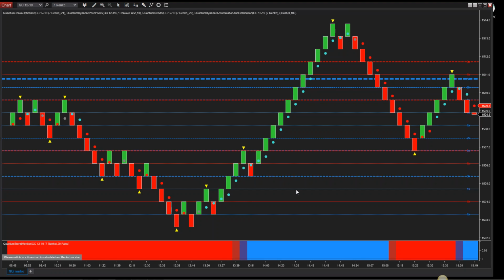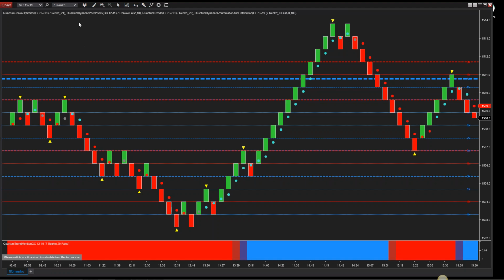The chart, the bricks will build according to the setting that you either prescribe or the one that's automated for you. With this, the Renko optimizer, what it does has two functions. First of all, as I say, you can select your own brick size if you wish to. You can have so many dollars per ounce, or so many index points, or so many pips, whatever it may be.